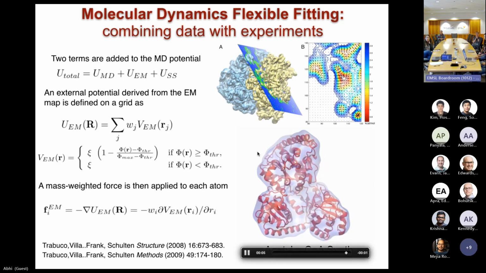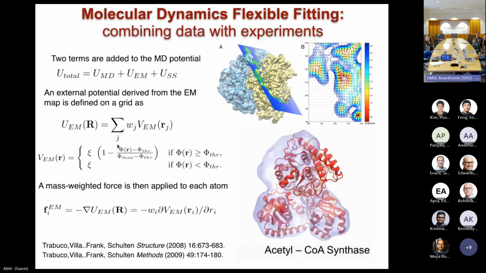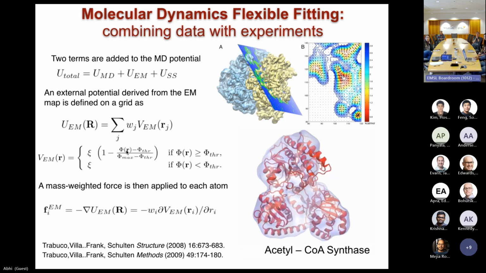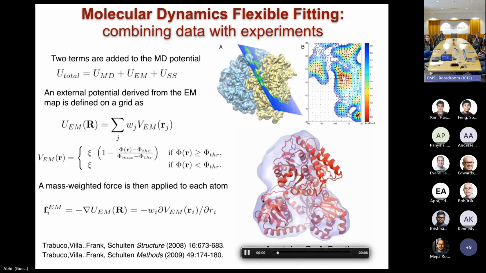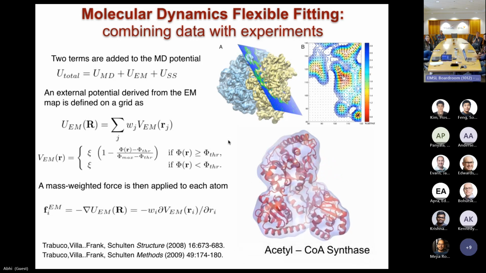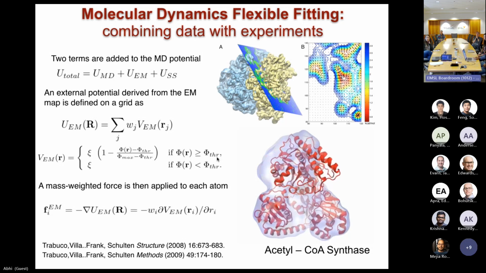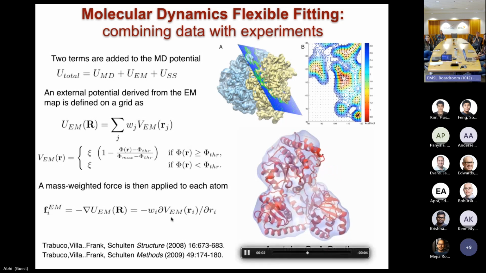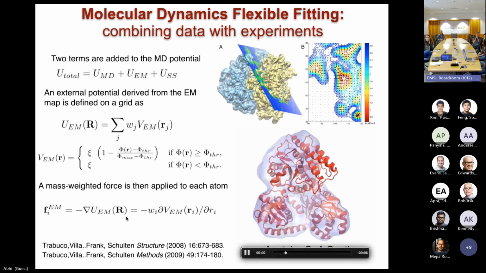So we take the cryo-EM density and break it into grids. Using those grids, we compute something called phi. So this is basically a discretized form of the density projected on XYZ finite difference grids, very simple grids. And then we determine forces, which are the derivatives of this potential with respect to position.